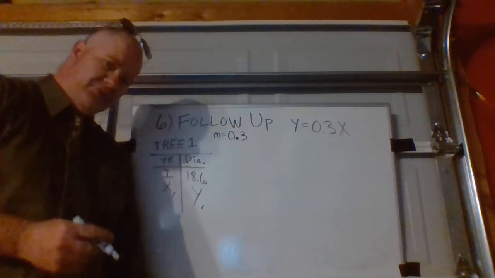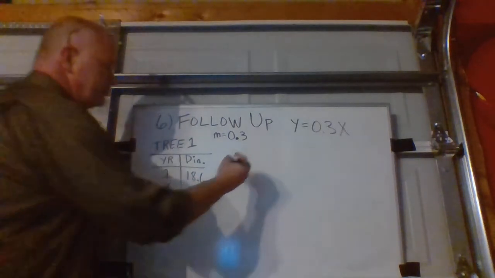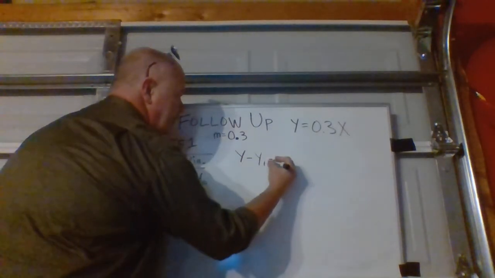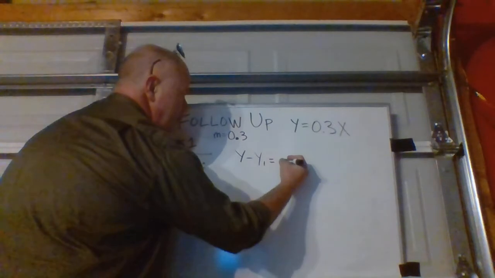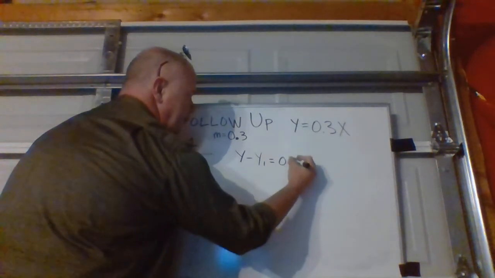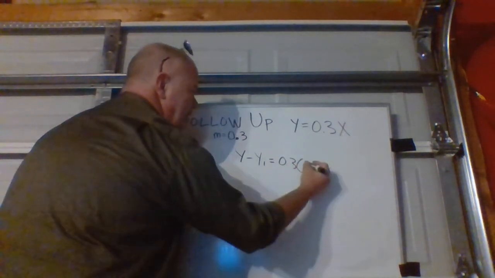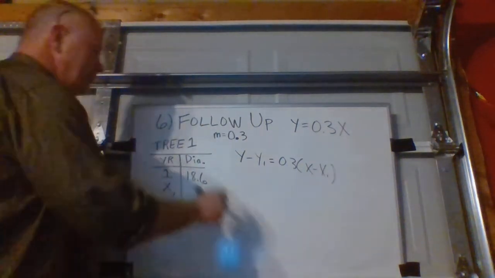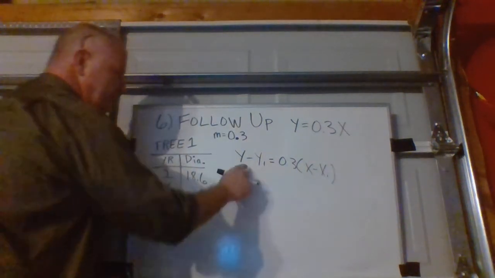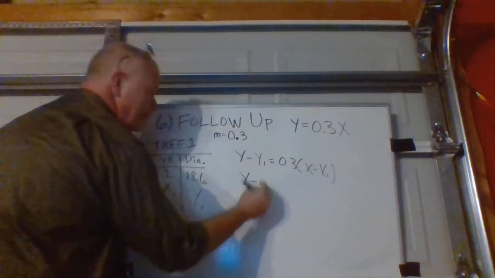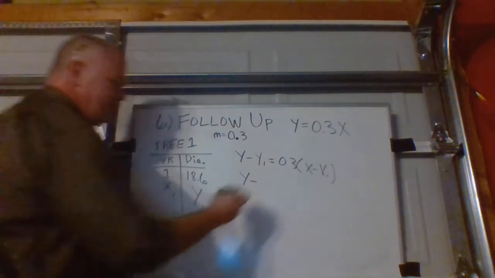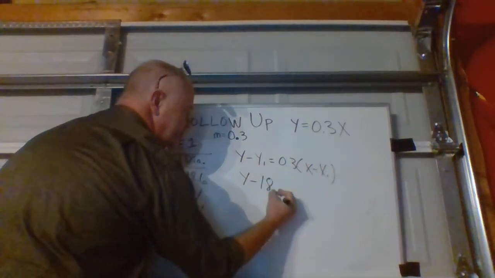The formula given to us is as follows. It says y minus y1 equals slope, which is 0.3, times x minus x1. So let's go ahead and fill in the appropriate numbers here. We've got y minus, and for y1, we're going to plug in 18.6.